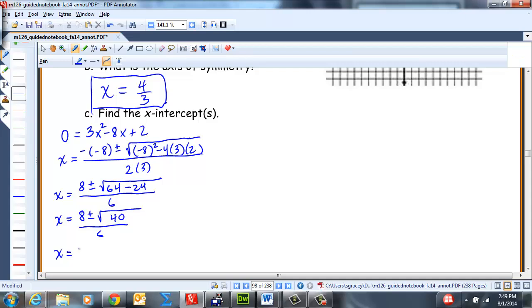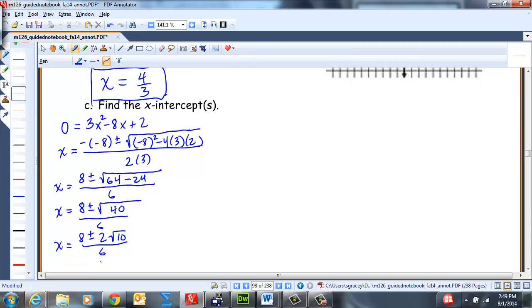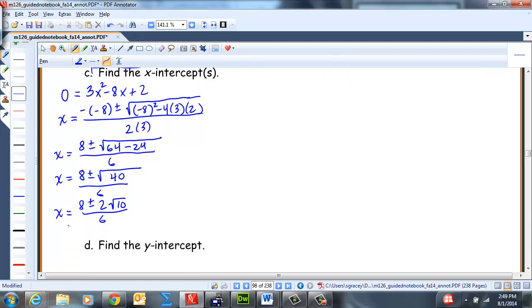So x will be, we reduce that 40, 4 times 10 is 40, so you end up getting 2 root 10 over 6. So we will have x is, you can factor out a 2 from the numerator, and you're going to get 4 plus or minus root 10 over 6. 2 divides out itself and some of the 6.